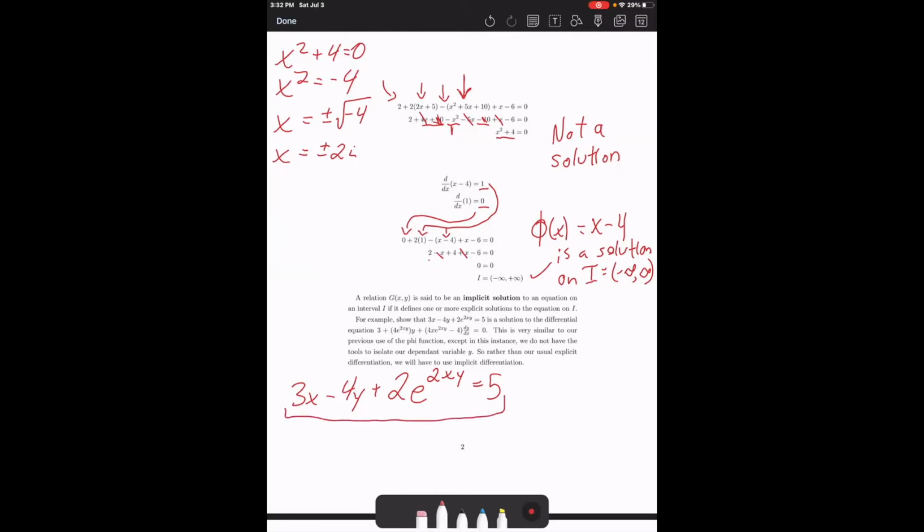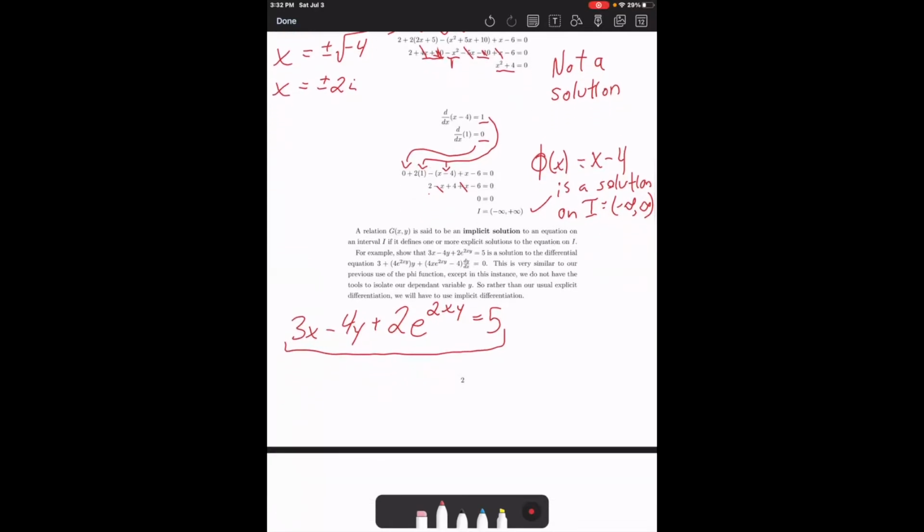Now, the differential equation we're trying to find a solution to is 3 plus 4e to the 2xy times y plus 4xe to the 2xy minus 4 dy dx equals 0.